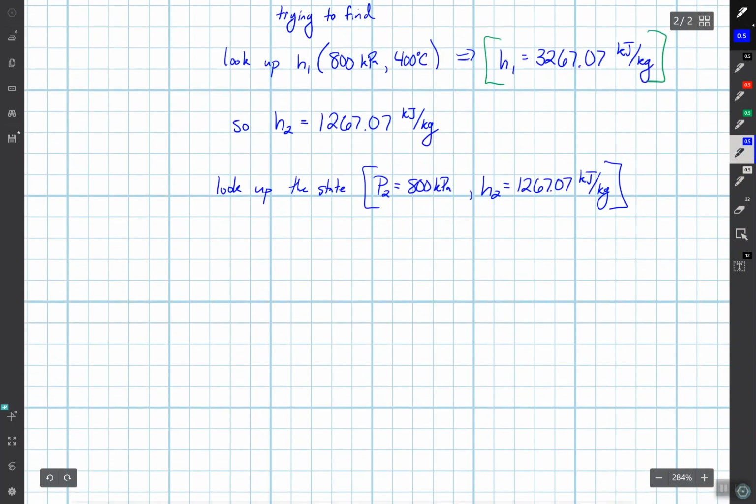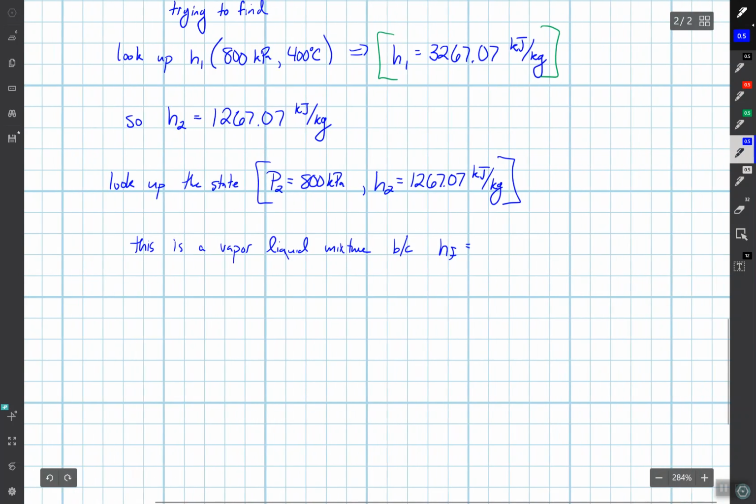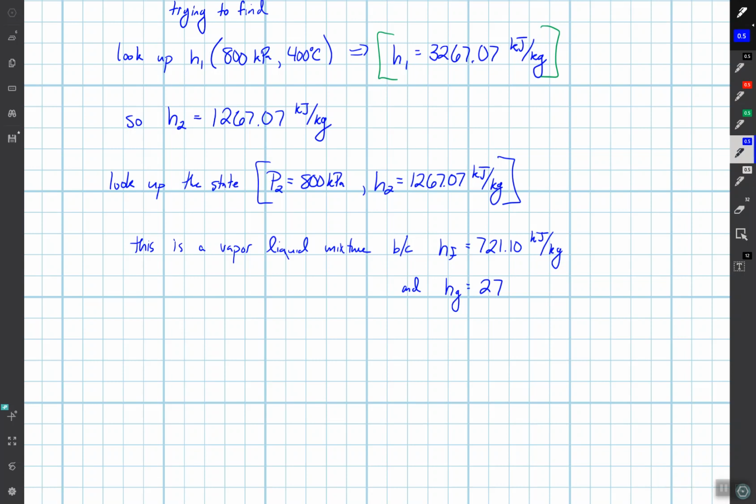And what we find is that occurs at a vapor-liquid mixture. We can tell that because the specific enthalpy of the fluid, Hf, is 721.10 kilojoules per kilogram, and Hg is equal to 2,749.14 kilojoules per kilogram.